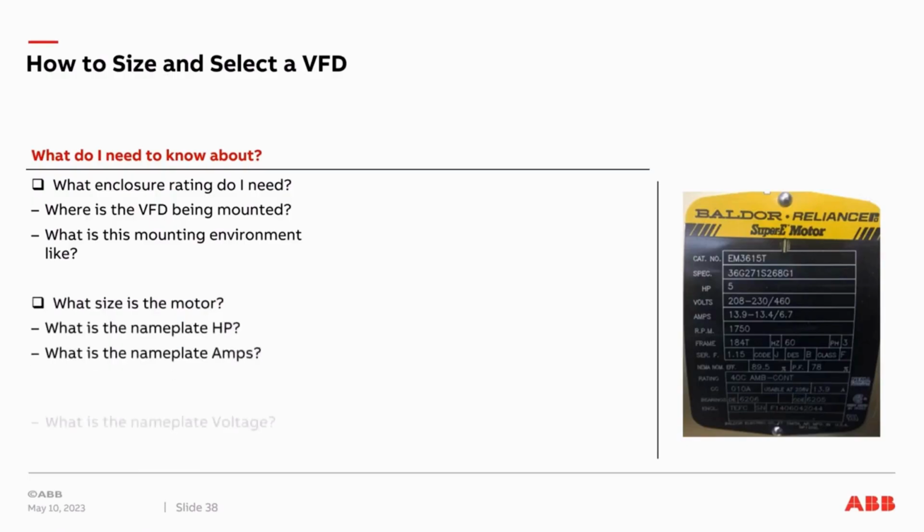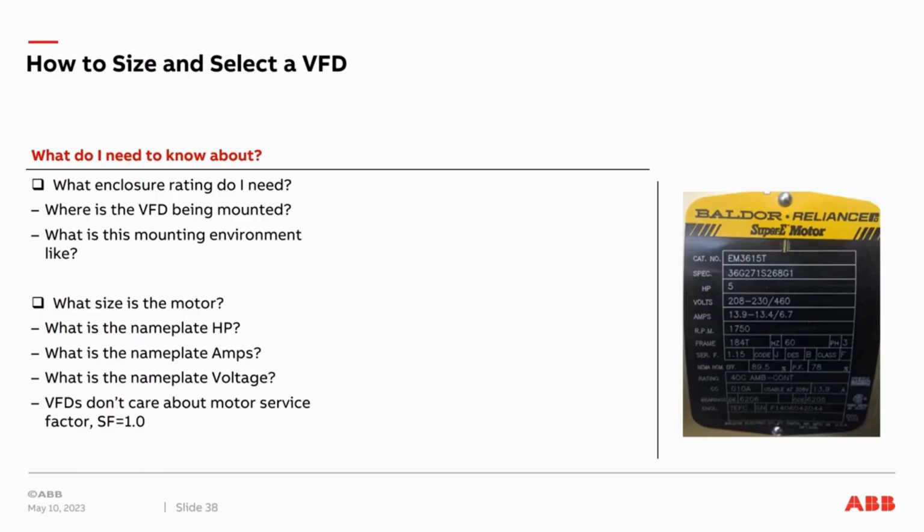What's the size of the motor? Look at the horsepower, the amps, and the voltage. Remember though, for a VFD, service factor is a 1. On a motor's nameplate, you might see a service factor of 1.15. What does service factor mean? Well, a service factor of 1.15 on a 5 horsepower motor, as the nameplate shows here, means that you could run this motor at 7.5 horsepower on a 7.5 horsepower load.